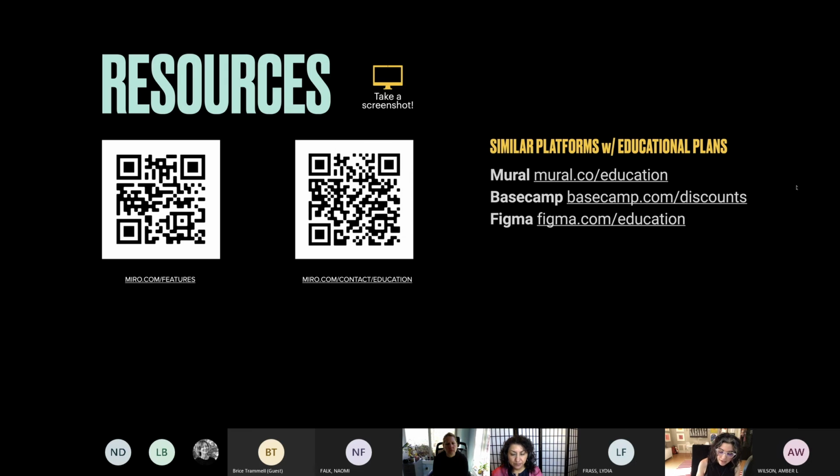So while it seems like most companies of well-known digital products like Adobe have figured out how to support online collaboration, it can be really hard to know which ones are really any good. There are so many out there if you Google this. So I've been using all three of these similar platforms, Mural, Basecamp, and Figma, for many, many years, and can attest not only to their efficacy, but also to their prevalence of use in the creative field at large.